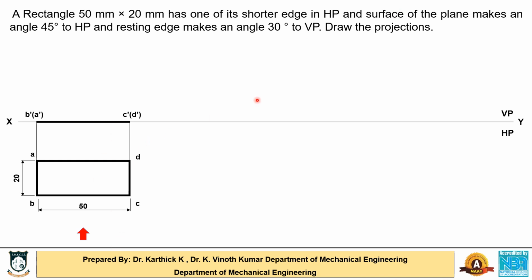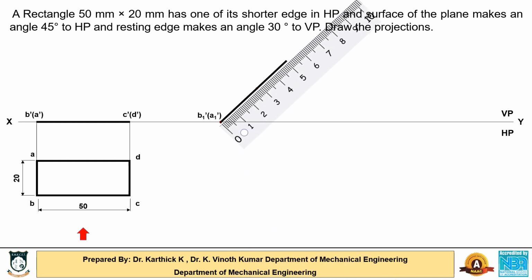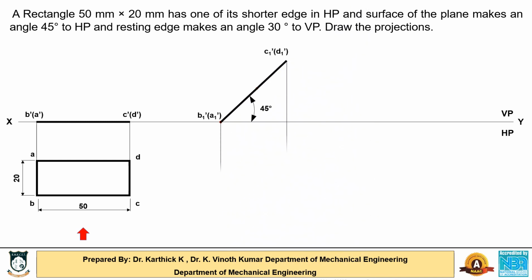The second one is called the surface inclination, so we have to make it 45 degrees to the HP. Measure the length of B to C, that we know is 50 mm. So for the 50 mm we have to draw the line, and then we have to incline it and draw a perpendicular line. After that, both horizontal and vertical will meet together.